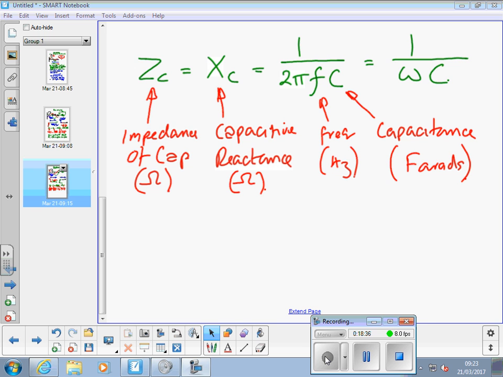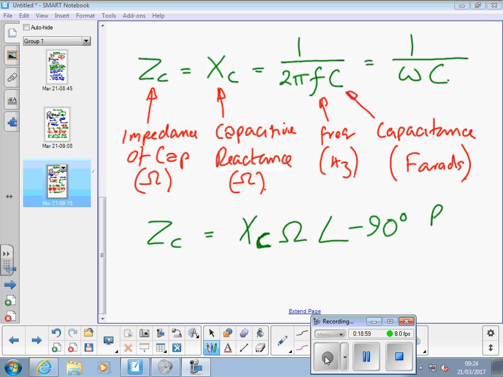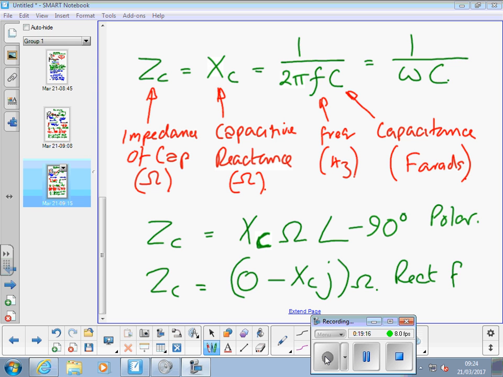So we can represent ZC as XC ohms angle minus 90 degrees, polar form, or zero minus XC j ohms, rectangular form.